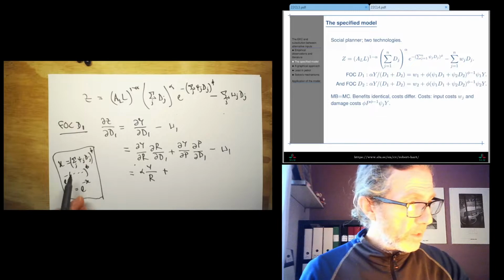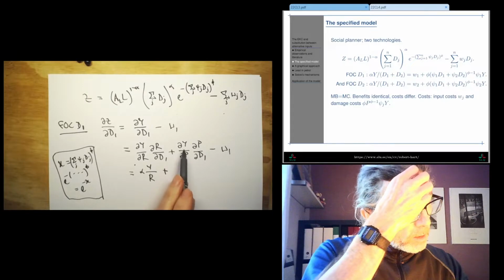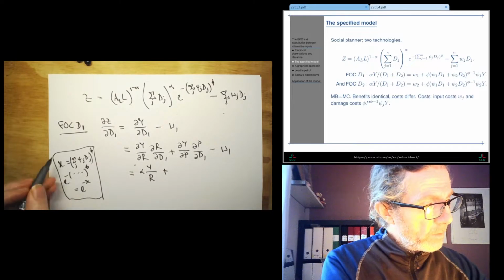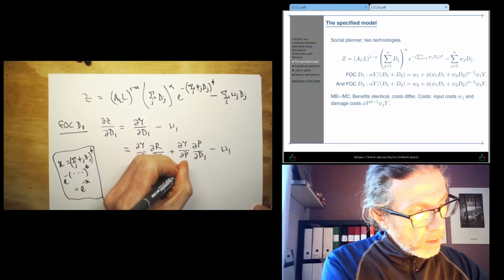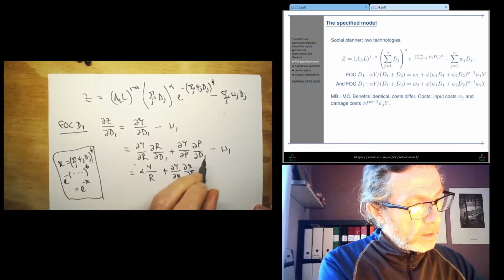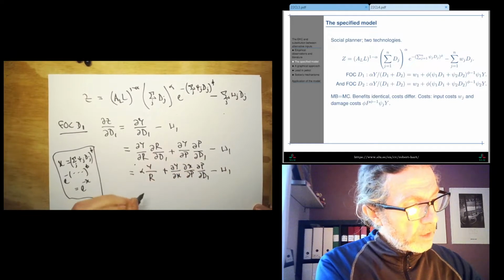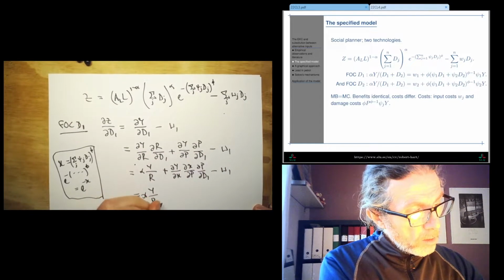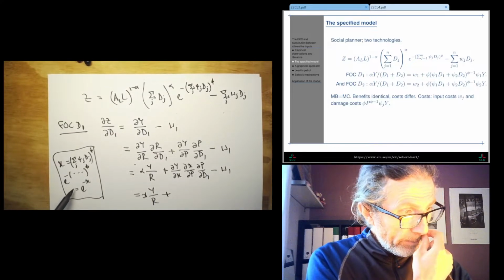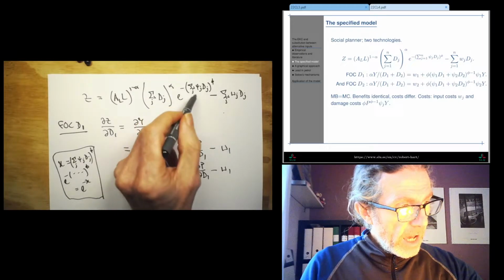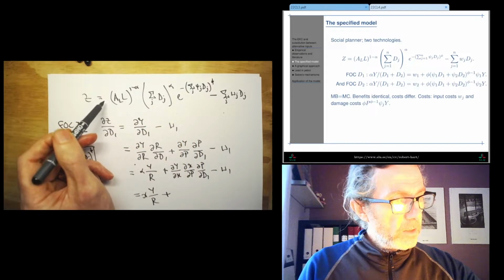Okay, so that's just the definition. So then I can say that dy by dp is the same as dy by dx by dp, and then we've still got dp by dd1, and we still got minus w1. So when we go to the next stage, dy by dx, we've got e to the minus x, so dy by dx is minus y.